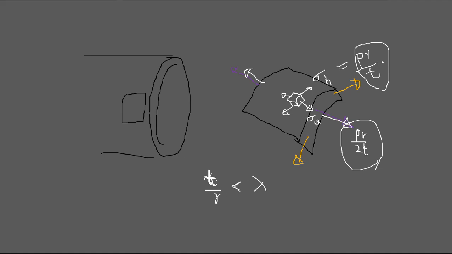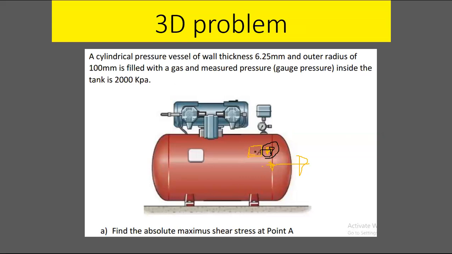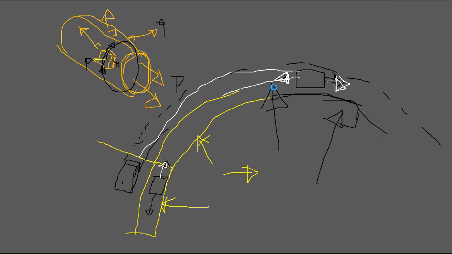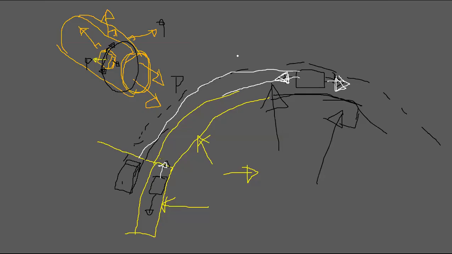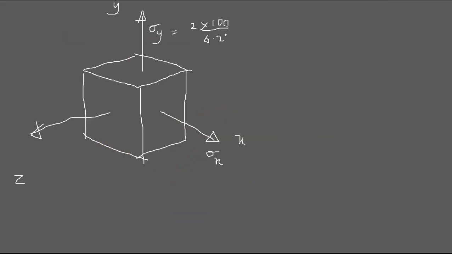In such case, if you use this, you have P is 2 megapascal, that means 2000 kilopascal, and this is R and this is T. So you can find this PR over T. So what's that? 2 megapascal, R is 100 over T, 6.25. Sorry, PR over 2T.